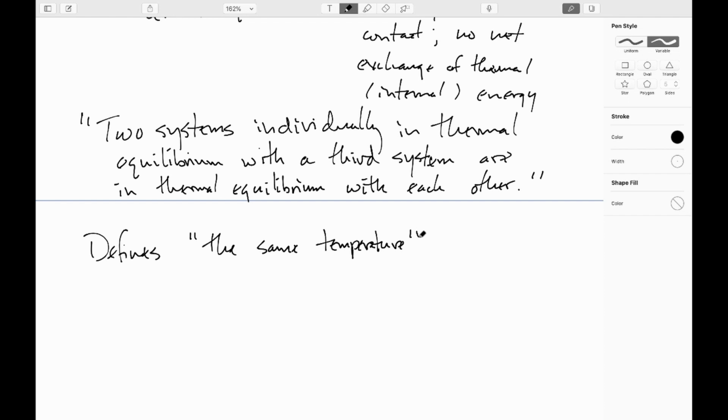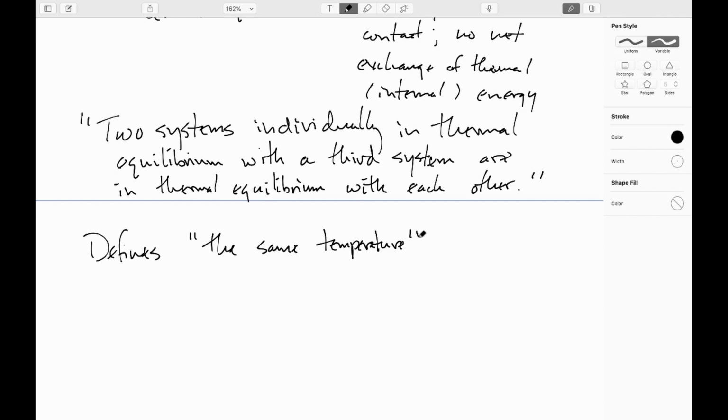So, as for a practical example here, let's say I have an ice cube at 0 and some water at 0. If I put a thermometer into the water, there may possibly be some exchanges of thermal energy. But with time, the thermometer will read 0.